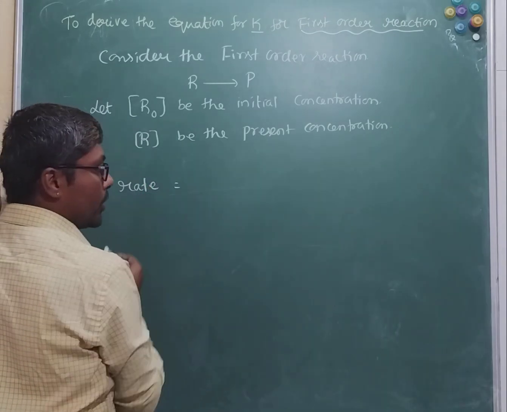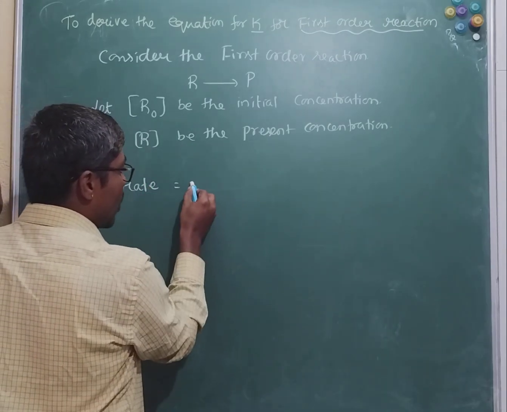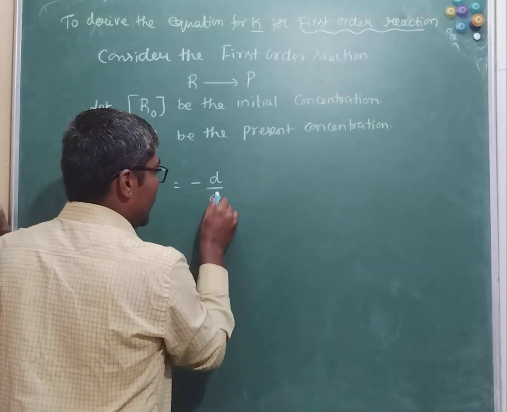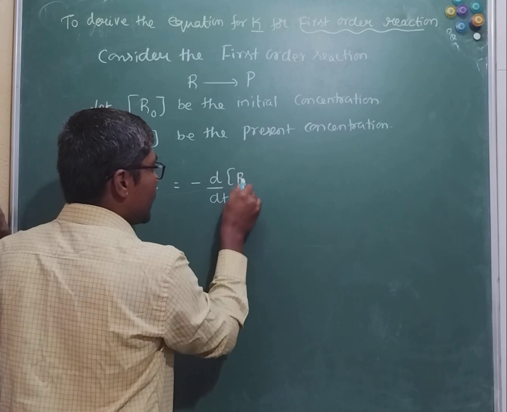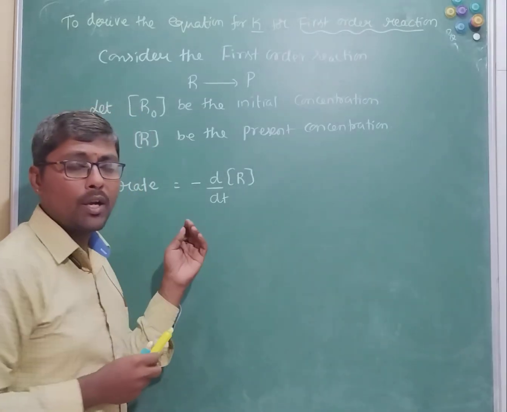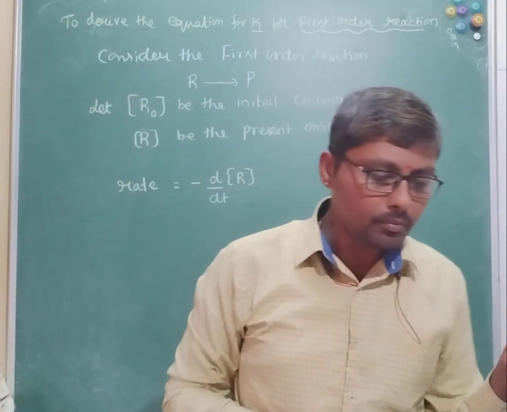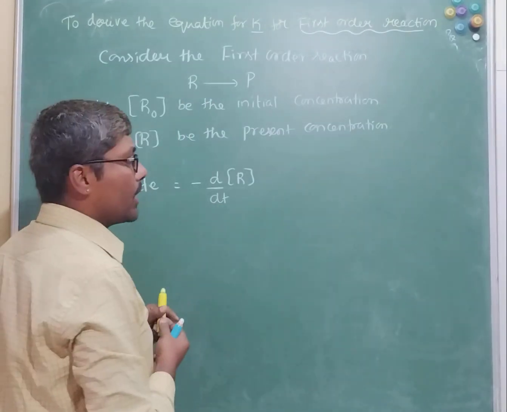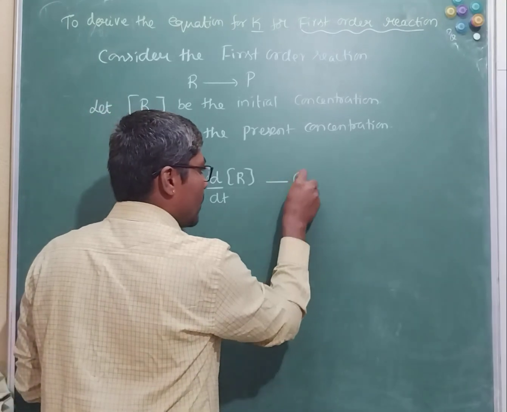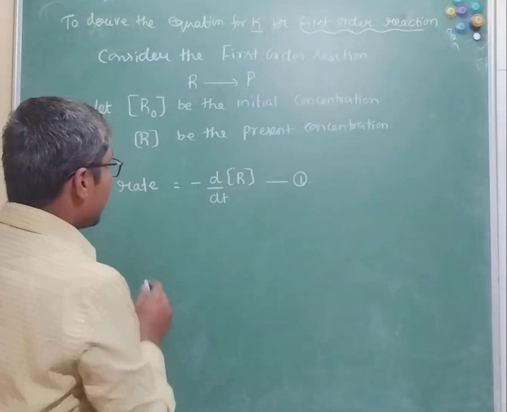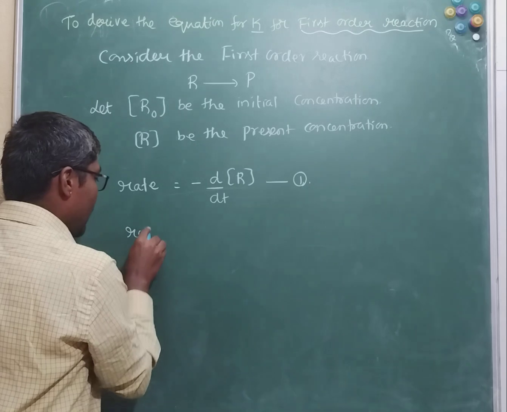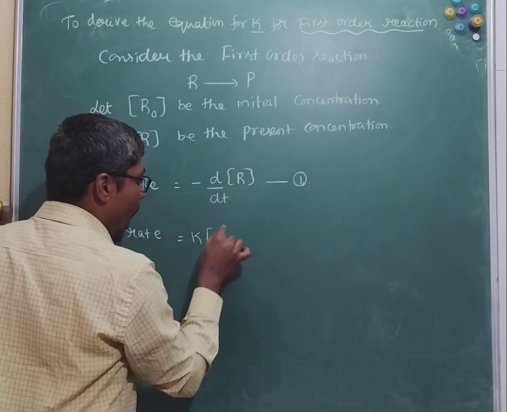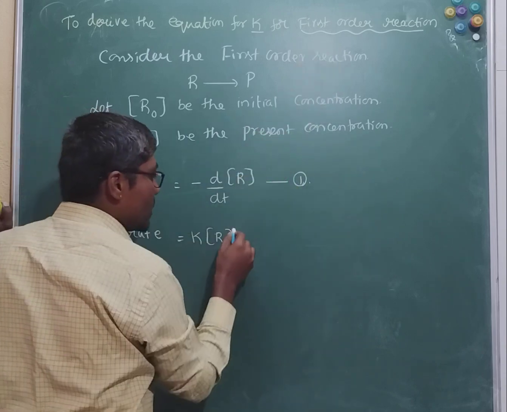rate is equal to the decrease in reactant concentration with respect to time, minus d by dt of concentration of R. This small change in the concentration of reactant is the rate, equation 1. According to the rate law, rate is equal to K into R to the power of the order, which is 1.